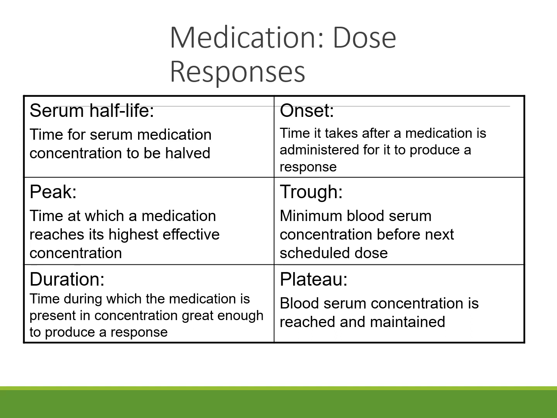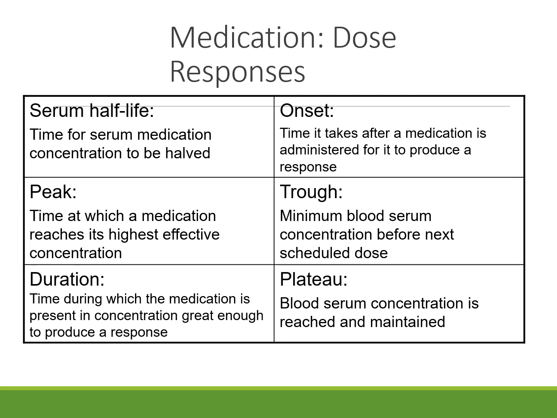When it comes to onset, this is the time for the drug to take effect after it is taken. So regardless of the route that is given to the patient, each medication has its different onset.